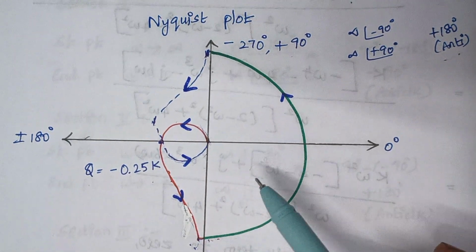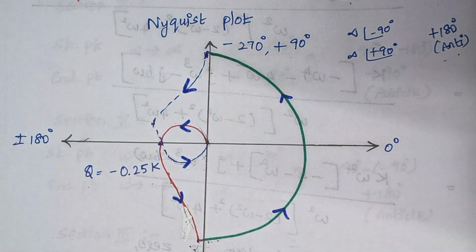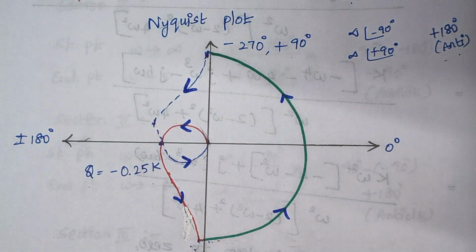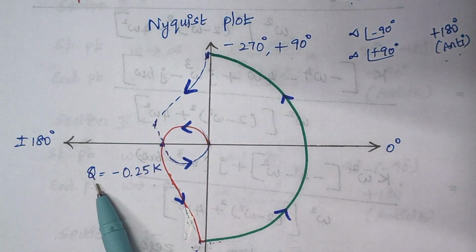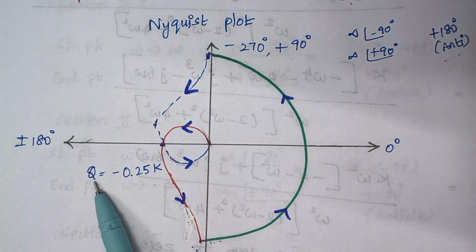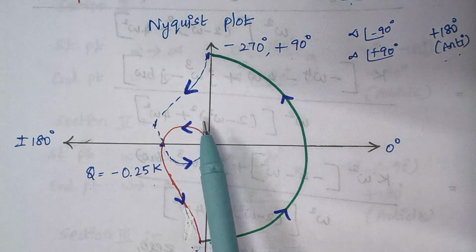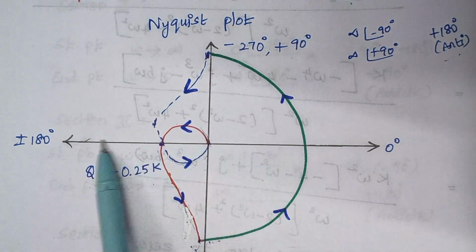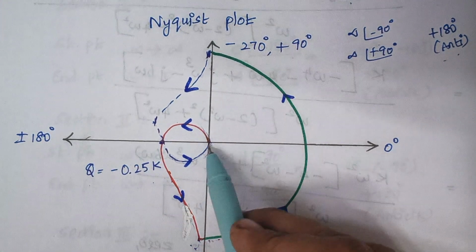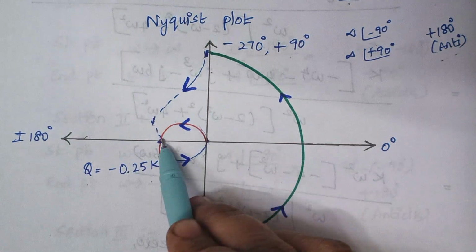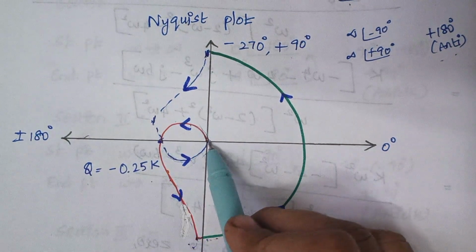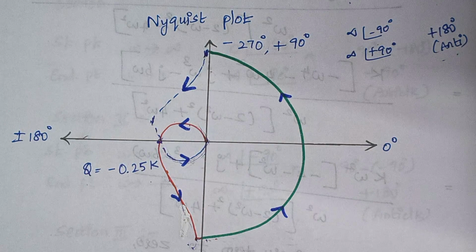The second most important reason is we are having an intersection point. That is, we are having a value of Q over here. So whenever a Q is present, it is mandatory that our Nyquist plot should always intersect this negative real axis. Or else you can simply start here, end over here, and for this mirror image, you can just simply draw like this and finish it off.